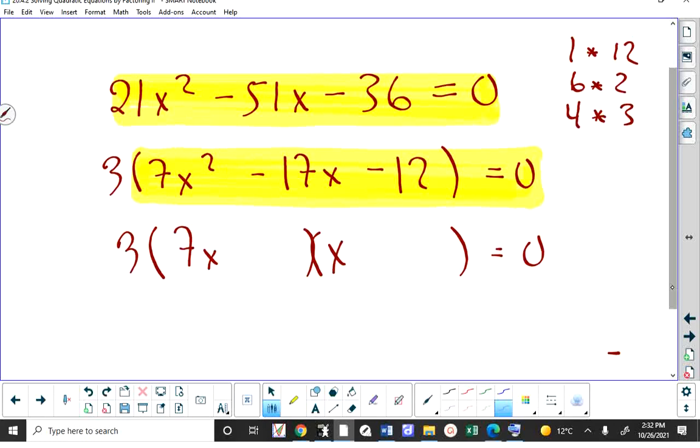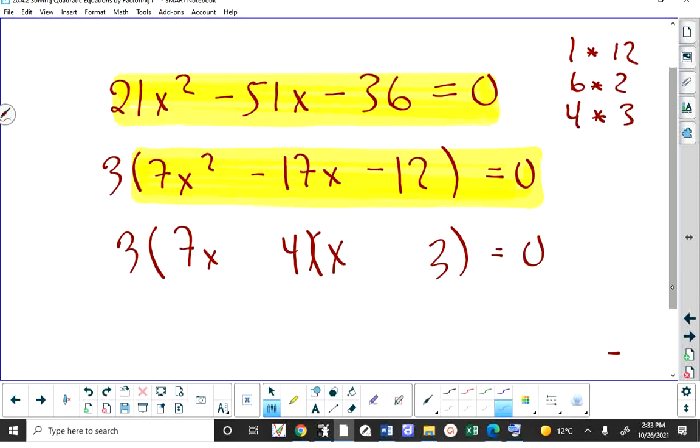I'm going to try 4x here and 3x there. I don't know why I wrote x's there. How many of you see almost immediately that that's not a good move? It's not going to give us 17x. Oh wait, it will.